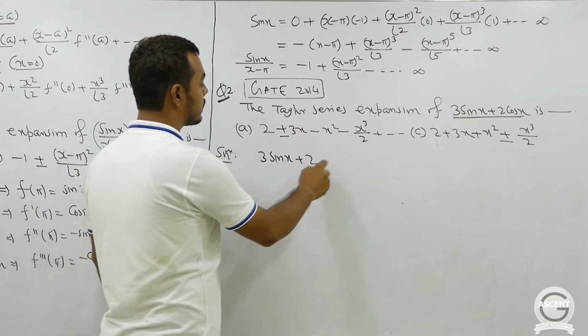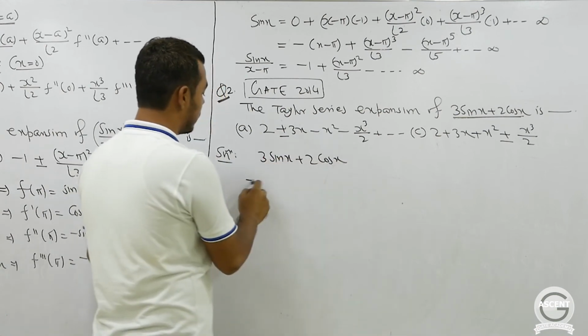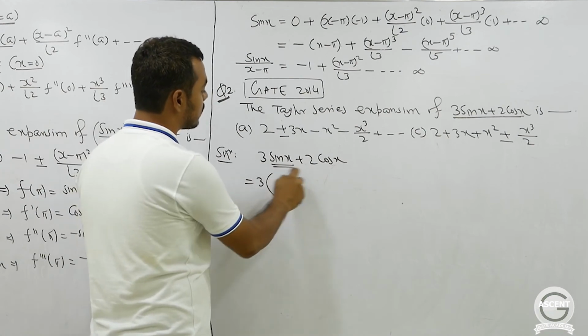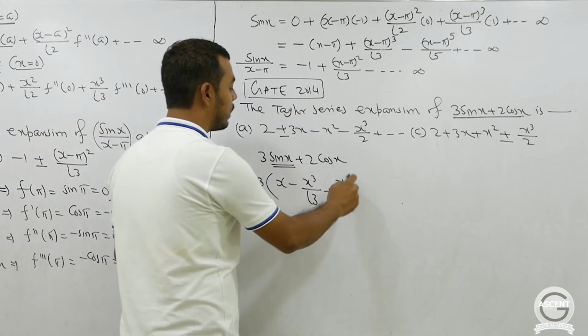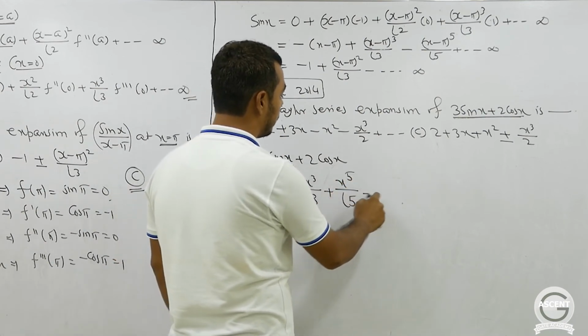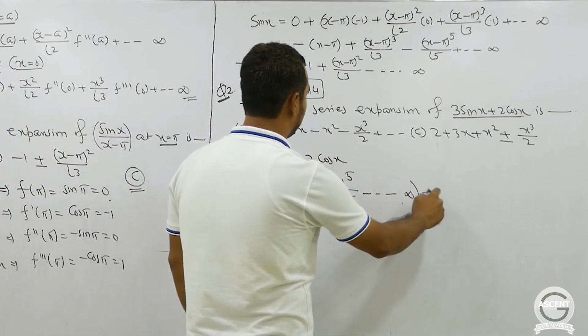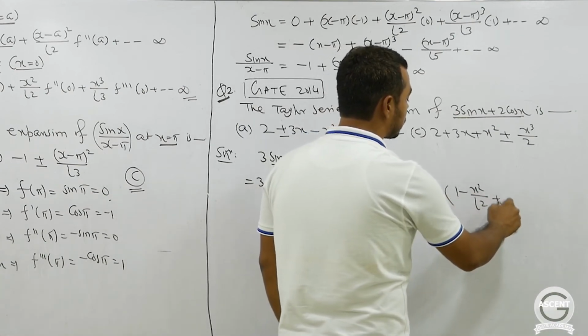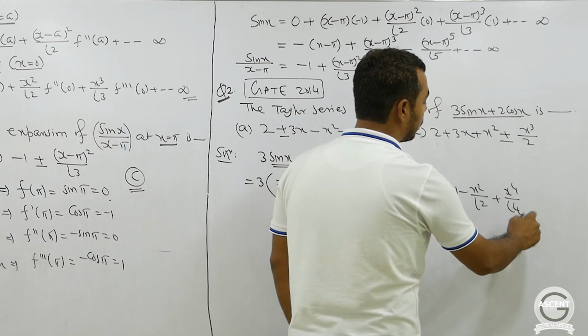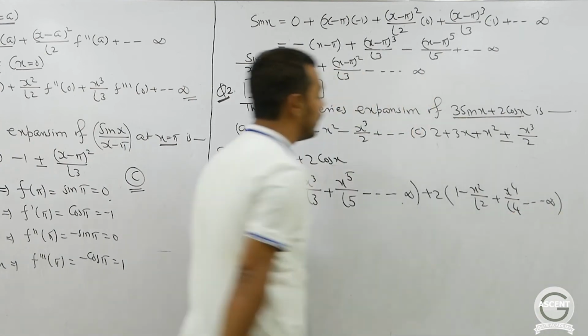So 3 sin x plus 2 cos x will be 3 into the expansion of sin x, which was x minus x cube by 3 factorial, plus x to the power 5 by 5 factorial, up to infinity, plus 2 into the expansion of cos x, which was 1 minus x square by 2 factorial, plus x to the power 4 by 4 factorial, up to infinity.